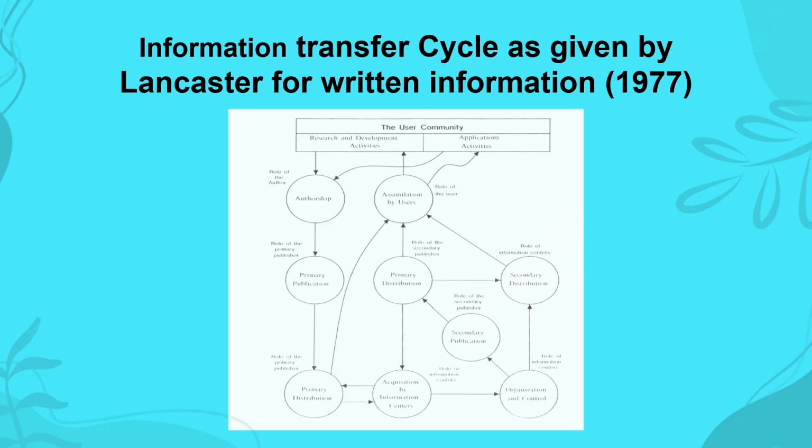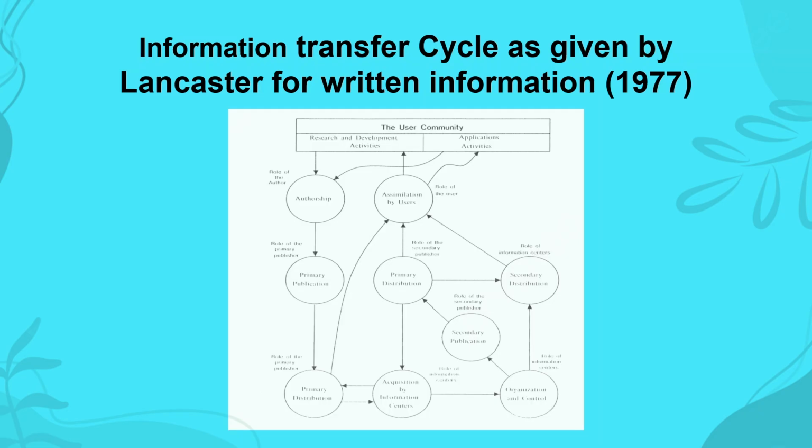Information may be produced in research and developmental activities or through application activities. It may be produced through authorship, and these are published by primary publication, and these may be condensed in secondary publication.